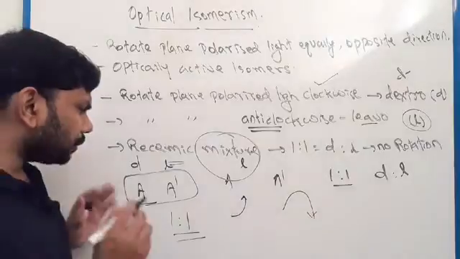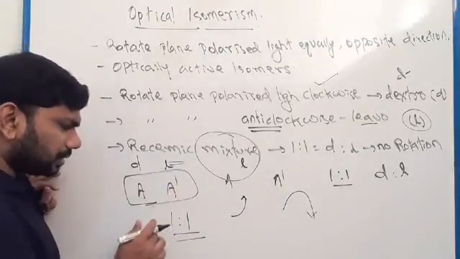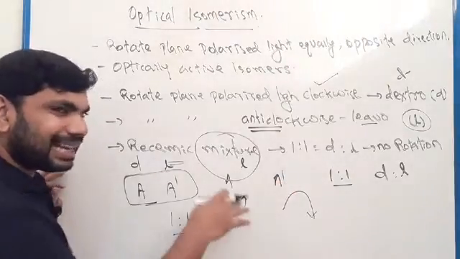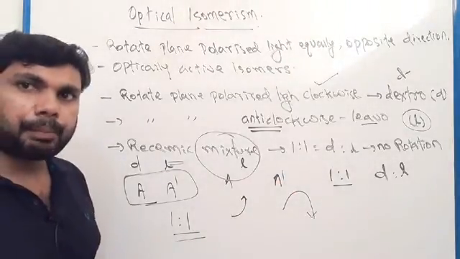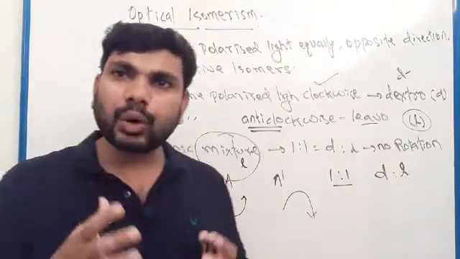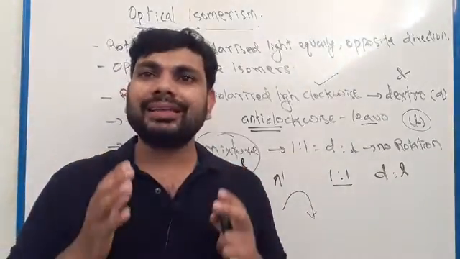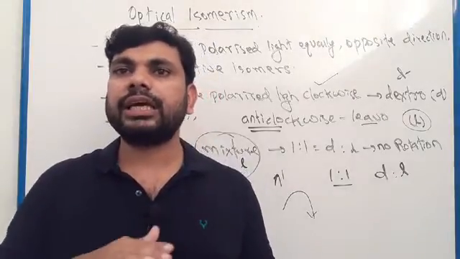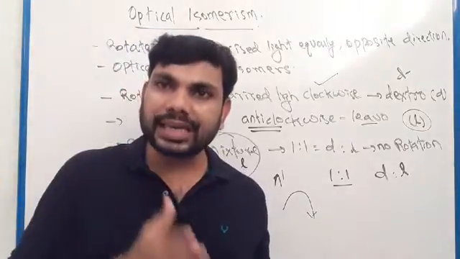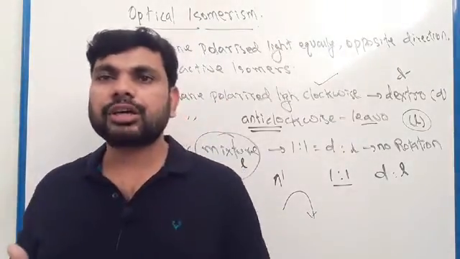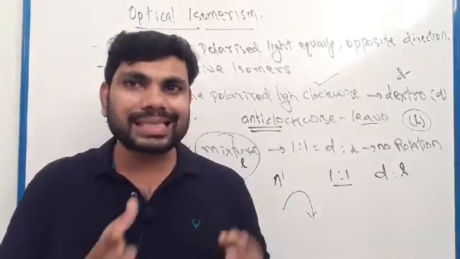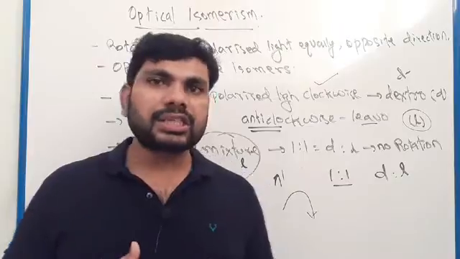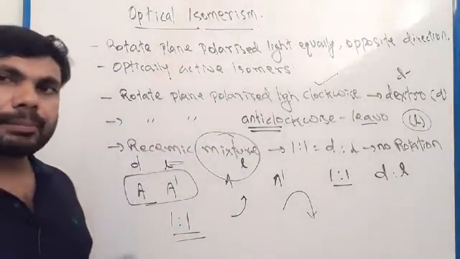One rotates clockwise and the other anti-clockwise, and both are mixed in equal amount, so their net rotation will be 0. They do not rotate anymore because dextro-rotatory and levorotatory are in the same extent. Such mixtures are called racemic mixtures.